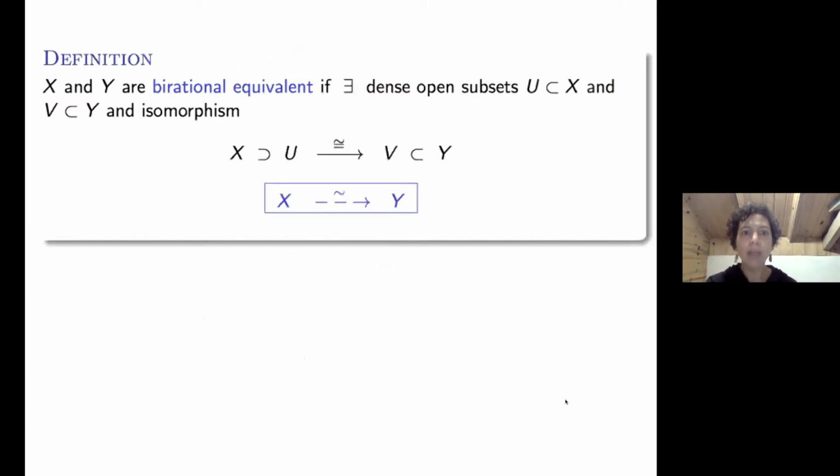So what we are going to do is classify varieties not up to isomorphism, but up to a weaker notion of equivalence, which is what we call a birational equivalence. So we say that two varieties X and Y are birationally equivalent if they have isomorphic dense open subsets. And usually we denote this birational equivalence by a dashed arrow.